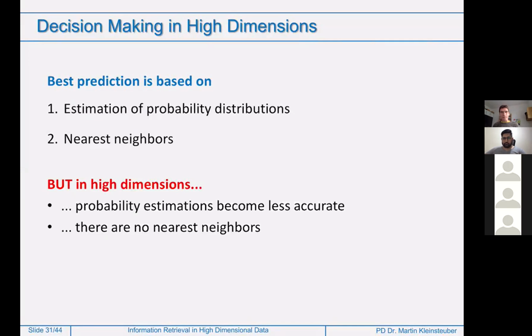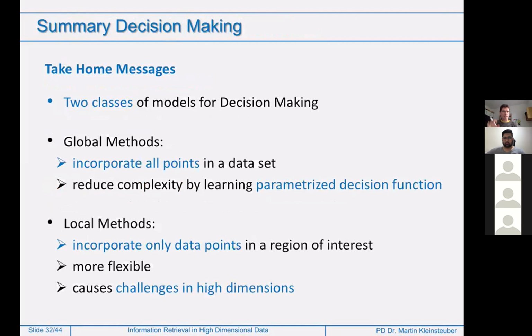And that's really the problem in high dimensions: probability estimations become less accurate, and there is no such thing as nearest neighbors in high dimensions. This phenomenon is called the curse of dimensionality. I come to that later.